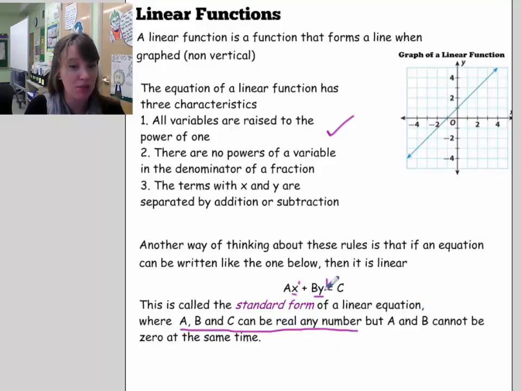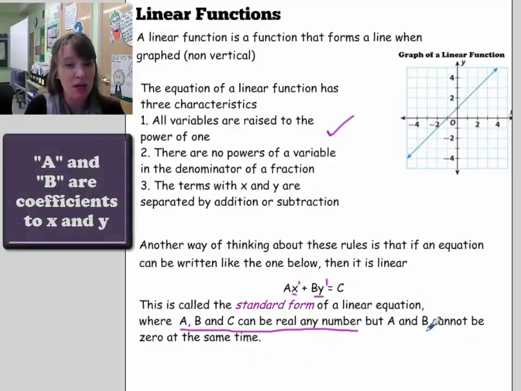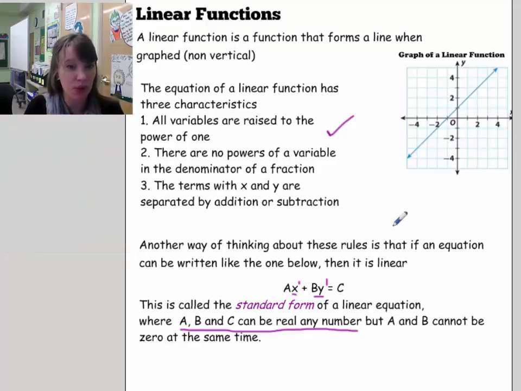So a and b are just coefficients to x and y. When you actually have an equation here, a and b are numbers, and c is also a number. So when we're talking about variables, what I'm really talking about are just the x's and y's. None of the variables show up in the denominator of a fraction, and the terms with x and y are separated by addition or subtraction.